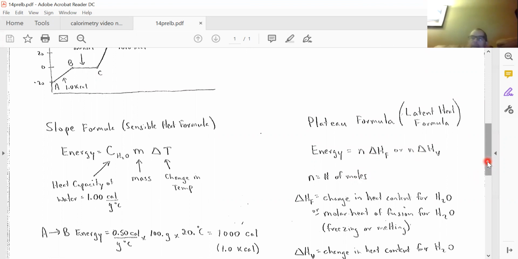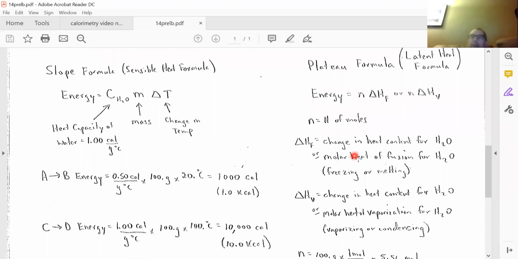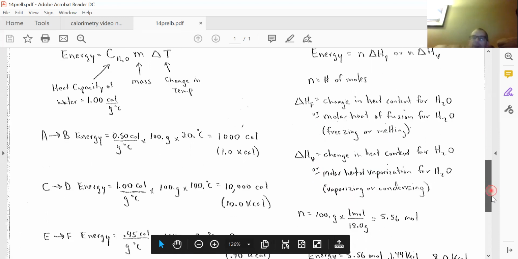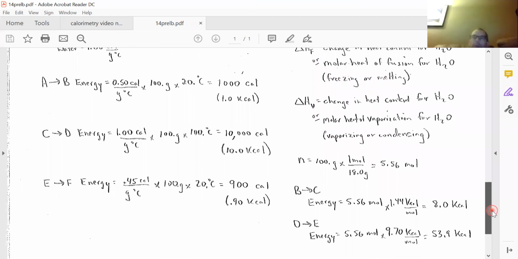Delta HF refers to the change in heat content for either freezing or melting, which is the same, but sometimes you're absorbing energy and sometimes you're giving off energy. Delta HV is for vaporization, but you can think of that as vaporizing or condensing. The lower plateau is delta HF, the upper plateau is delta HV, and you'll be given values in either calories per gram or calories per mole.